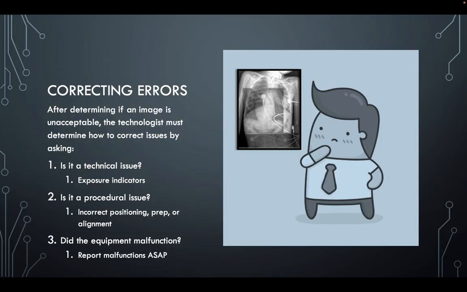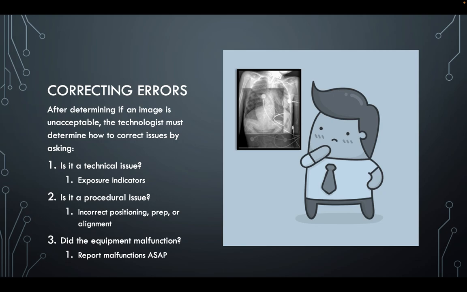Next is going to be a procedural issue. So is this something that I did during the procedure, or did the patient move? Is there incorrect positioning? Did I not prep the patient, or are things out of alignment? Do I have an angle on my tube? Is my image detector at an angle? Did my patient move and now their part's at an angle? Do I have OID?